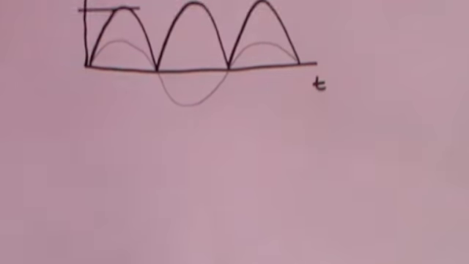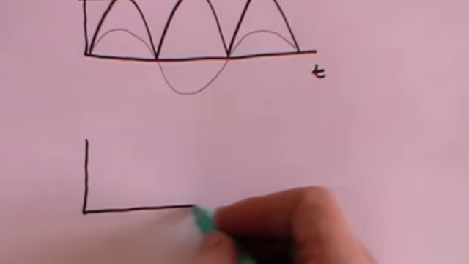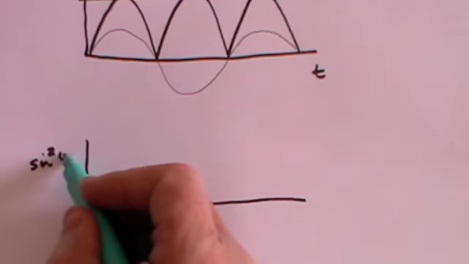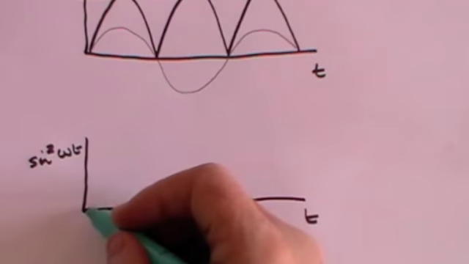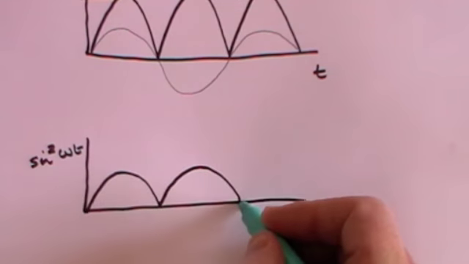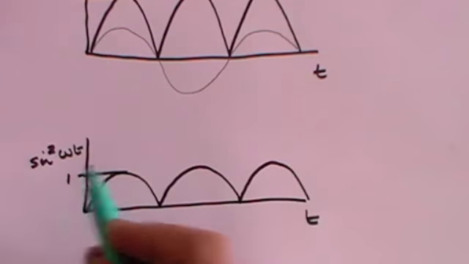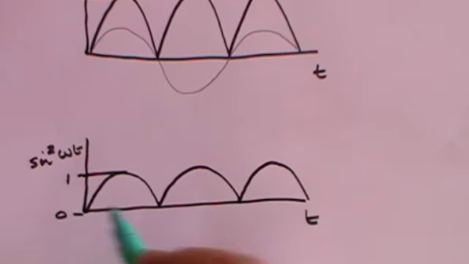Well, for that we need to know what the average of a sine squared term is. So let's just take sine squared omega t against t. And that's going to produce something that looks like that, where the maximum, of course, is 1, because the maximum of sine omega t is 1, so the maximum of sine squared omega t is 1, and the minimum is going to be 0.